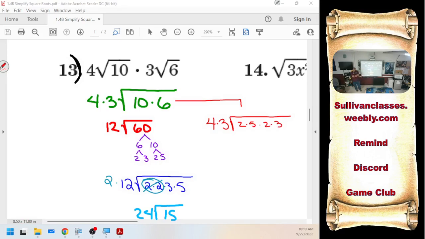Would that have been faster? Because we ended up having to break apart 60 anyway. I just have to remember that I'm crossing out a pair of 2's. 1 gets out. I'm still getting 24 on the outside. I'm still getting 15 on the inside. It's just a different way to do it.